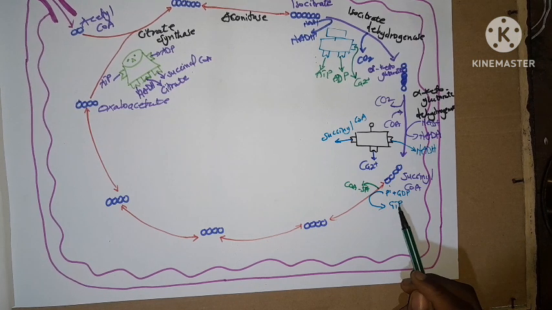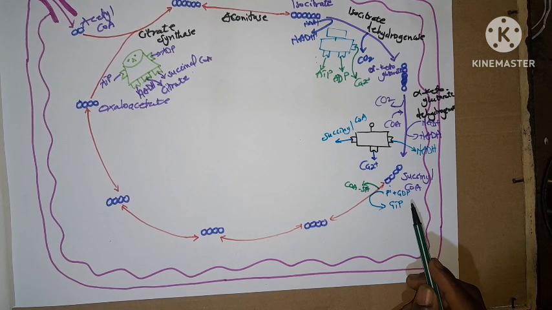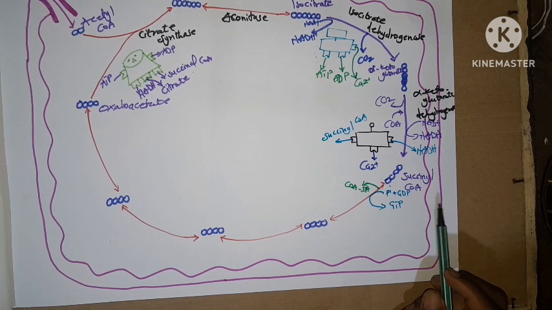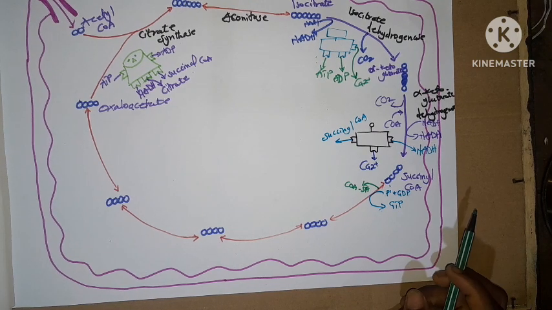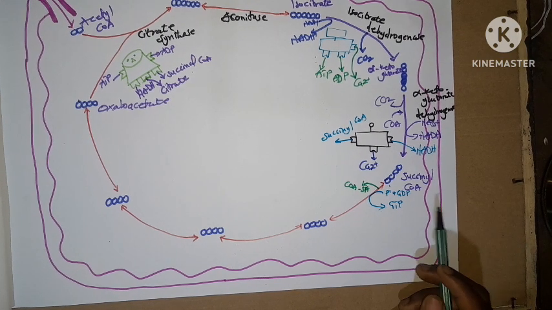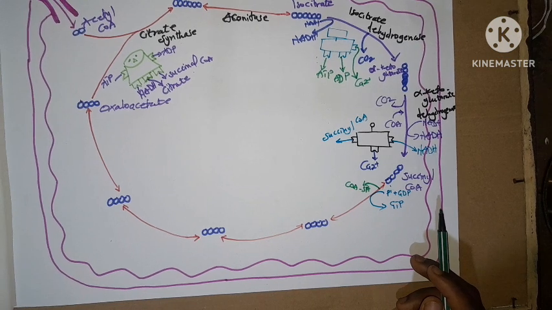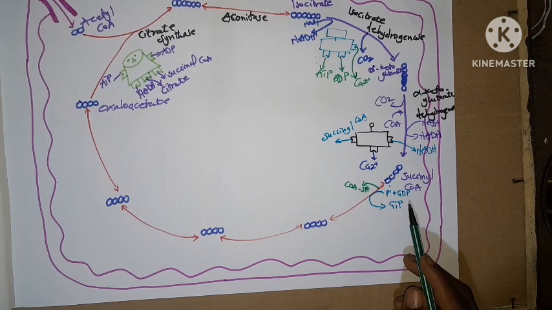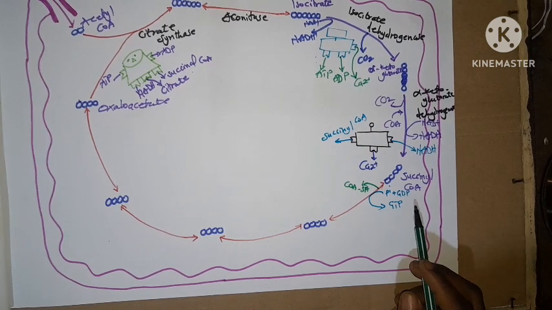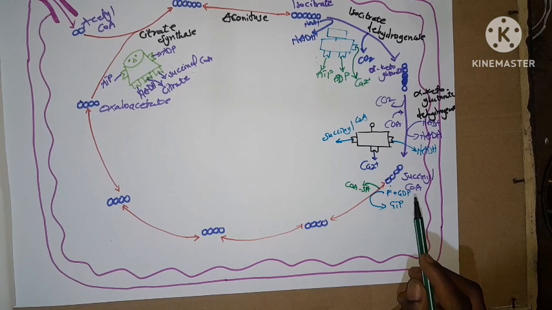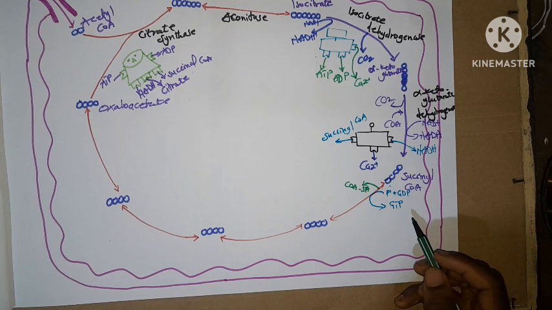When we take one phosphate from it, it's going to be guanosine diphosphate. So we're going to take one phosphate and give it to ADP, adenosine diphosphate, to make it adenosine triphosphate. And when we make that, it is going to remain with guanosine diphosphate. That's the original GDP. Yes, so this is what is going to happen.